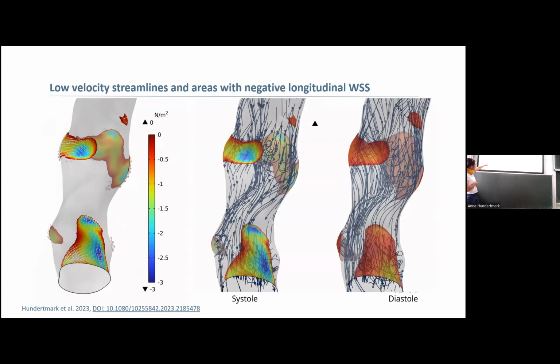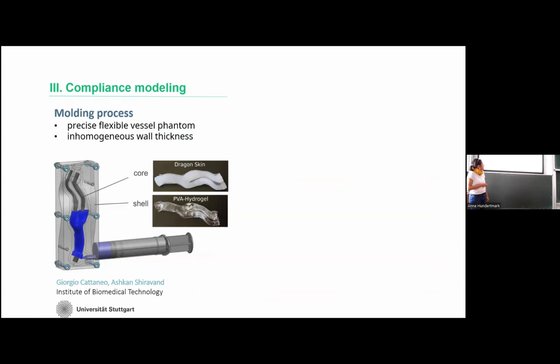So it means the flow is negative there, and you see in both systolic and diastolic time, at all time steps, we have some recirculations, some helical flows and so on. This was also already shown in the small animation on the first slide.